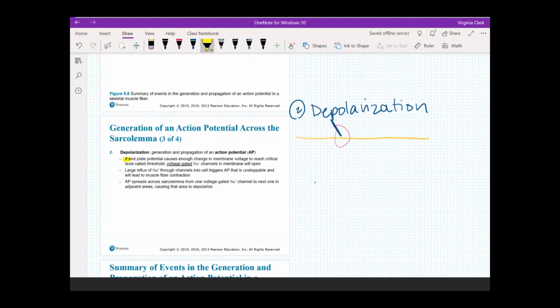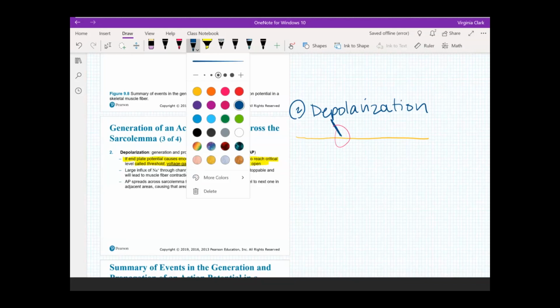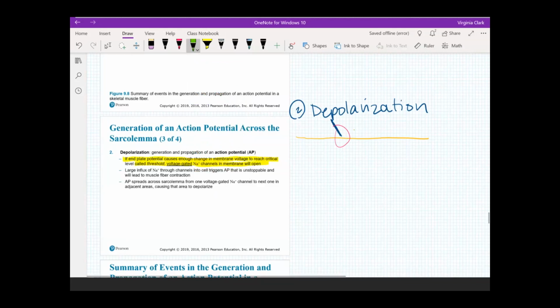If the end plate potential causes enough change in the voltage to reach a threshold, voltage-gated sodium channels in the membrane will open. Sodium will go into the cell here, and that will then trigger the next ones to open.